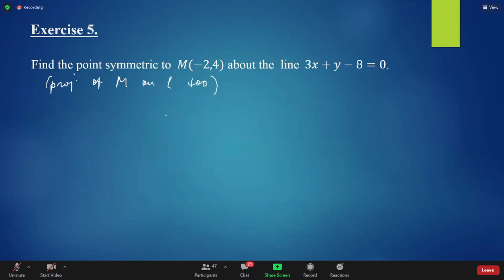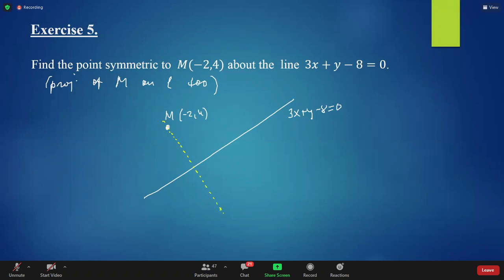So we suppose we have a point, -2, 4. We have a line 3x plus y minus 8 equals 0. The point that is symmetrical to this one would be on the opposite side in the same direction.